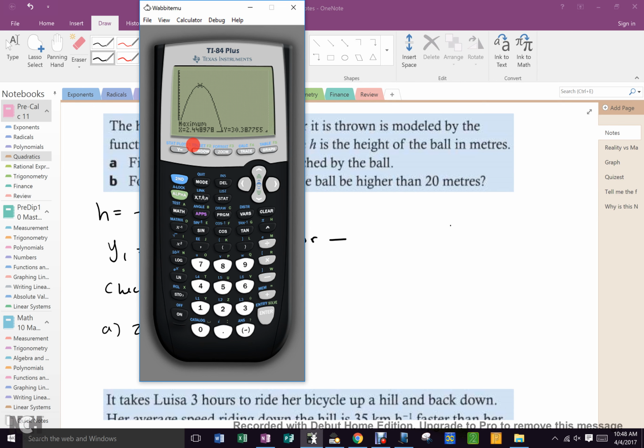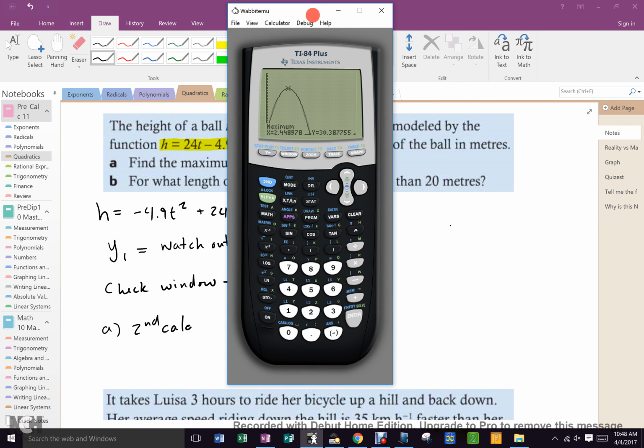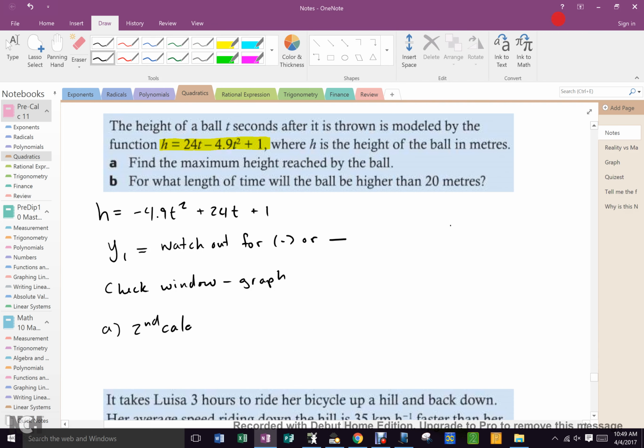What's my maximum? 30.387. Maximum. And what do I get? 30.387, right? So 30.39 meters.